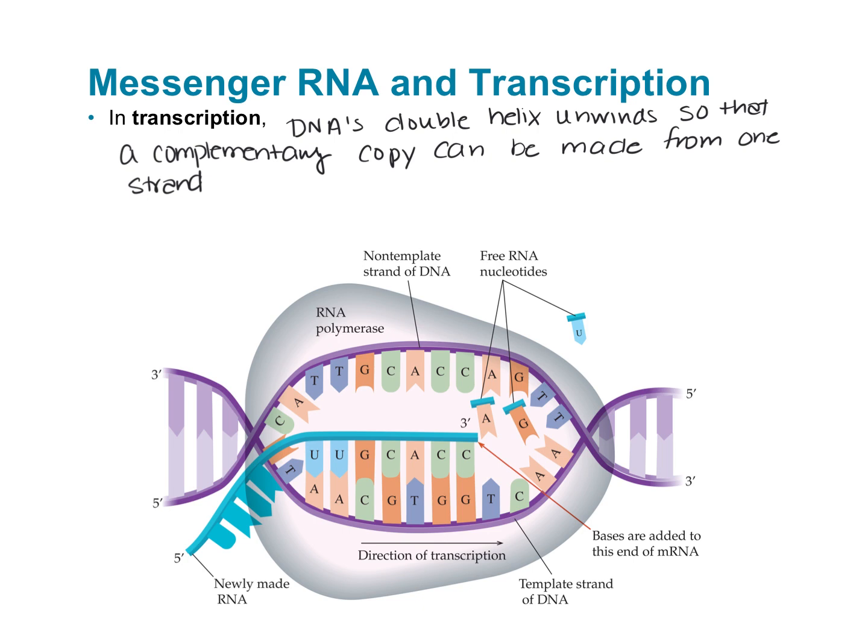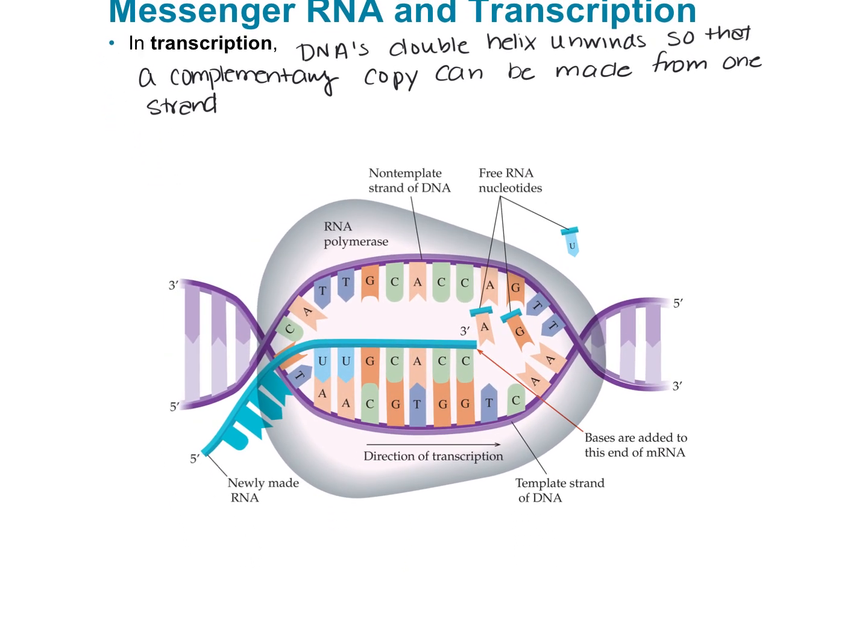Okay, and so we have basically what's going on here. Another way to say this is that mRNA is transcribed from one strand of genetic DNA, where one strand of DNA is used as a template, and then we make a copy using the RNA. Okay, and so when we look at this, the copy that's made is the messenger RNA.